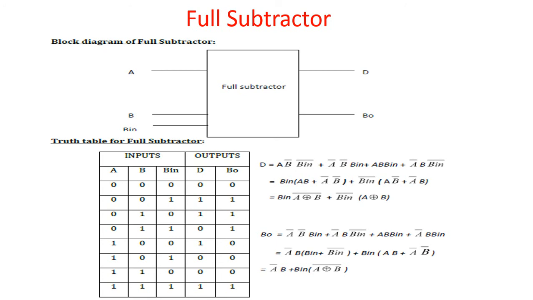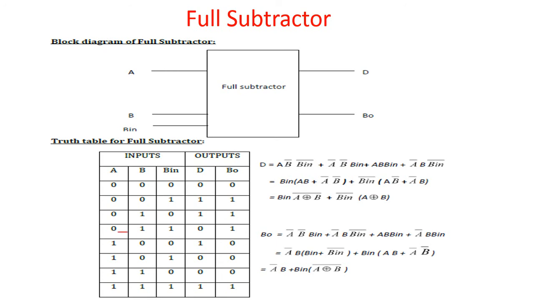Similarly here, 0 minus 1, difference is 1 and borrow is 1. Again we subtract with 0, so difference is 1 and borrow is 0. 0 minus 1, difference is 1 and borrow is 1. Again we have to subtract with this one, so the difference is 0 and borrow is 1.